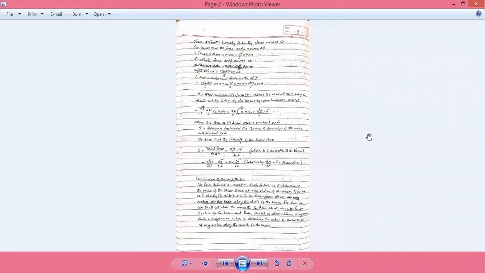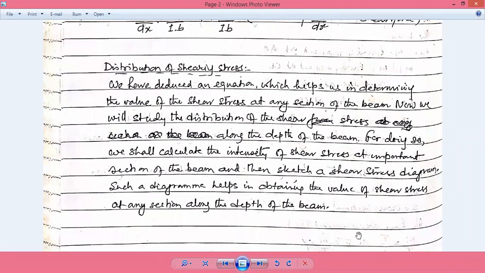So thus we have got the value of the shear stress in the beam in terms of the shear force, the area above the neutral axis, y dash, the distance of the center of gravity of that area, the moment of inertia of the beam, and the width of the beam. Now let us use this equation further.